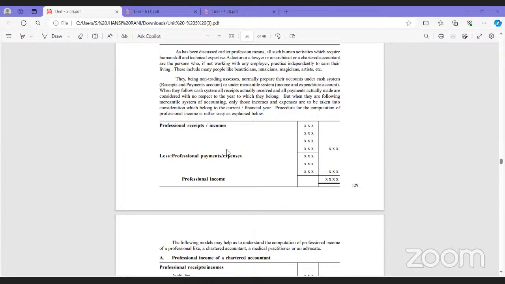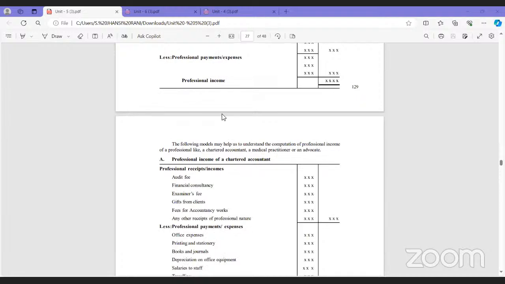And what will be his payments? Office, because a chartered accountant needs some employees or assistants, for them he has to pay salary, he will have an office, so he will have some rent, computer, on that he will have depreciation, electricity charges. And even the chartered accountant has to update his knowledge to keep up with the changes in laws and rules.